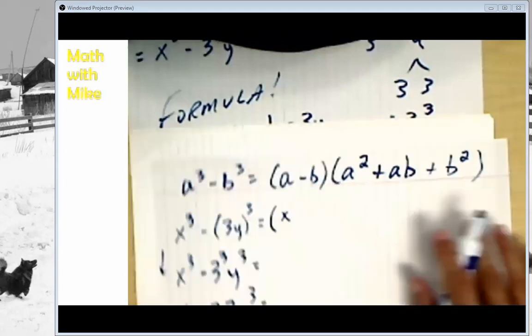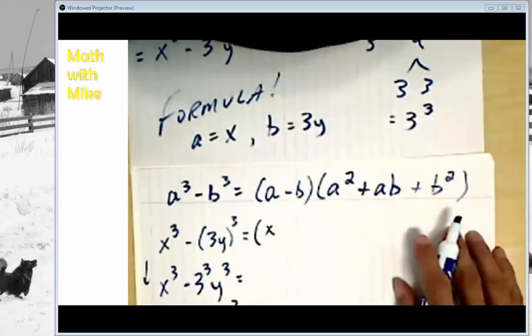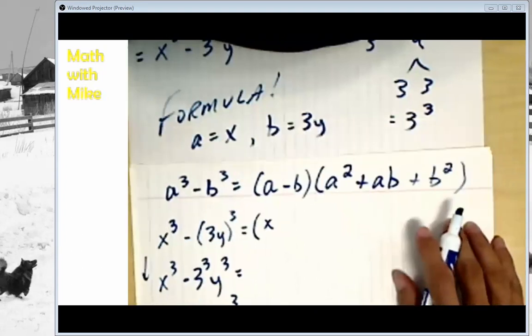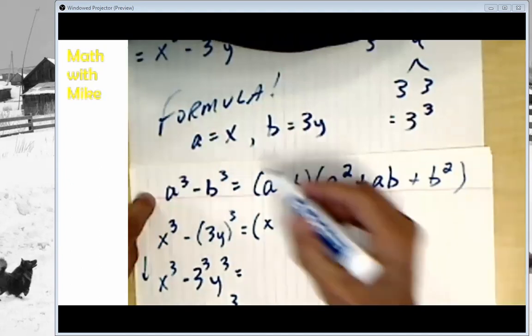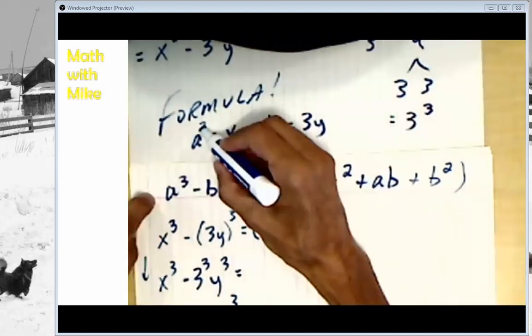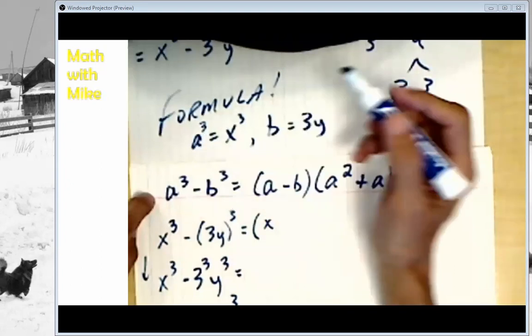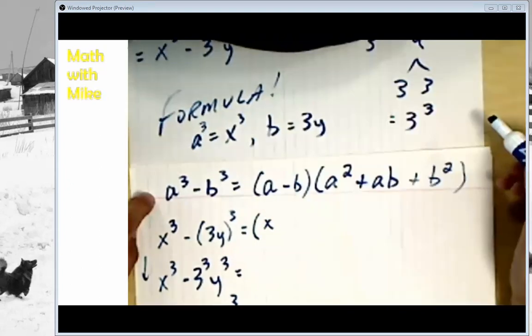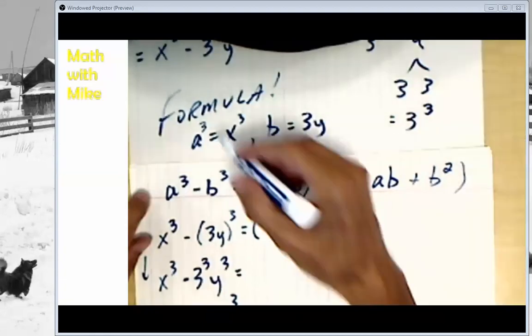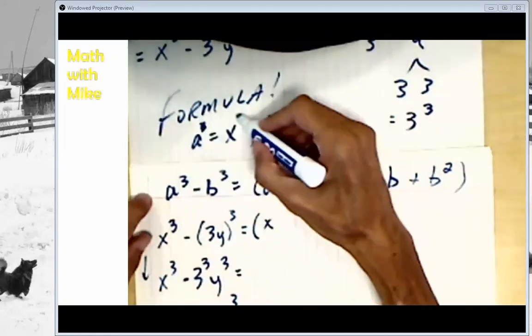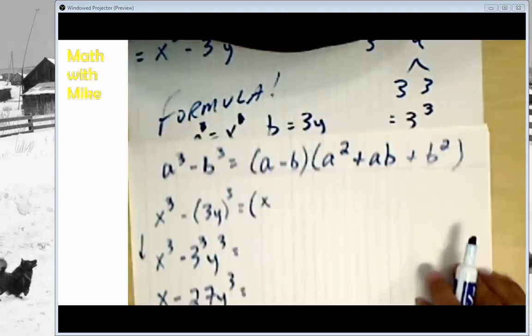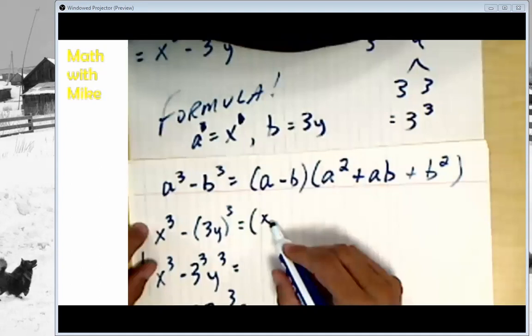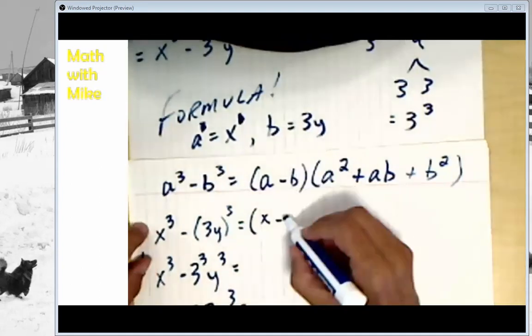Oh, by itself, because A on its own is X. So A3 will be X to the 3. What you do to one side, you do to the other. Okay. Okay, so just doing that substitution still. B is 3Y, so minus 3Y then.